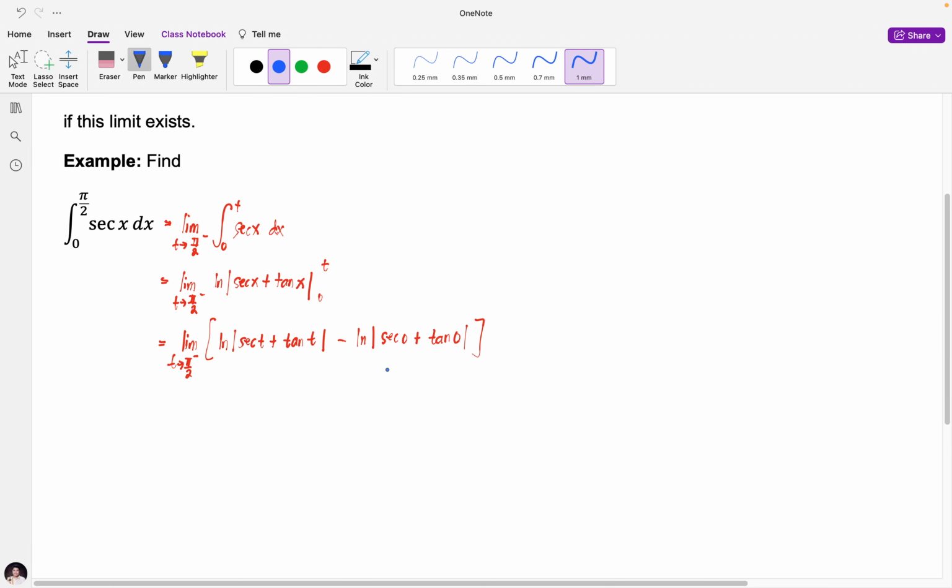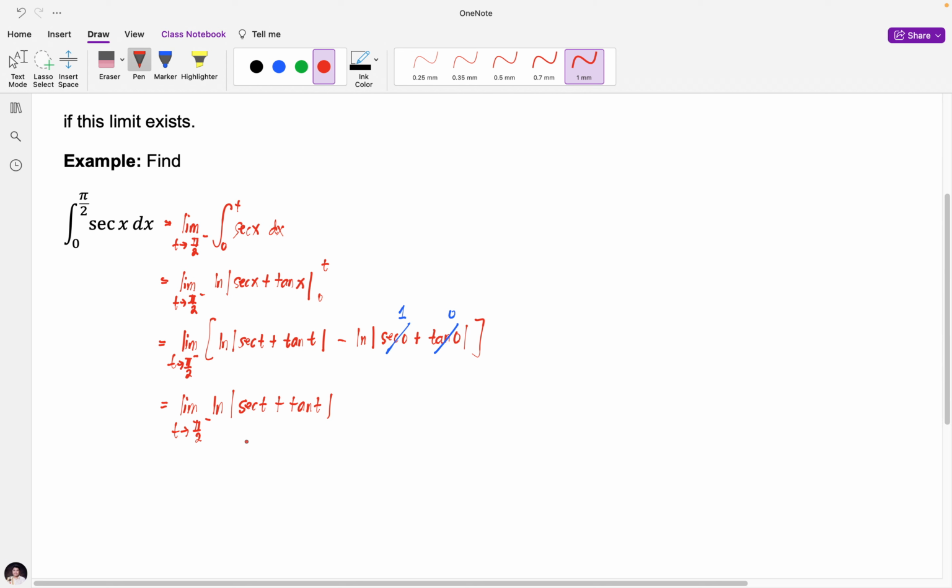Now take note, secant of 0 is just 1, while tangent of 0 is 0. So 1 plus 0 is 1, and ln of 1 is 0. So the whole term here will become 0. So what's left is the limit of ln of the absolute value of secant t plus tangent t as t approaches pi over 2 from the left.